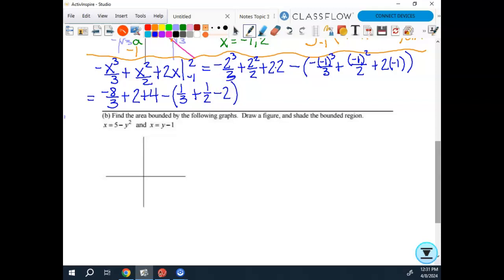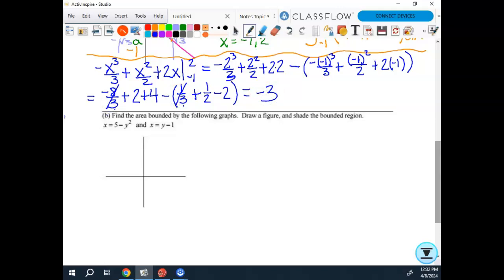Okay, but watch this. When we actually put all this stuff together, I don't have to get a bunch of common denominators and stuff. Because if I just look at my thirds, negative 8/3 minus 1/3 is going to be a negative 9/3, which is what? Negative 3. And then I'm going to mark them out because I just used them.